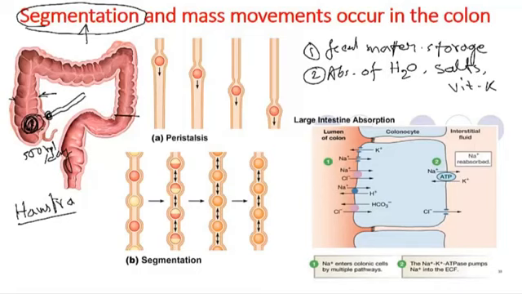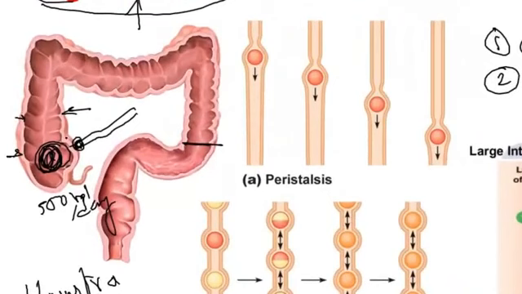Mass movements, which are sustained and intense peristaltic contractions, begin in the large intestine due to the formation of this haustra. The peristalsis starts from this point and slowly pushes the food through the transverse colon till the descending colon.